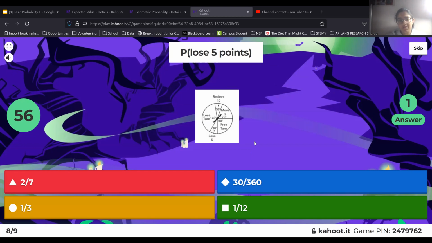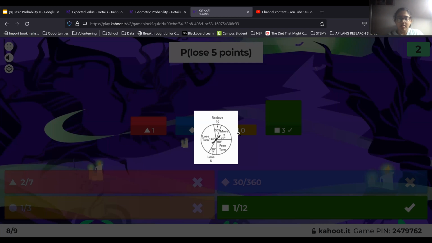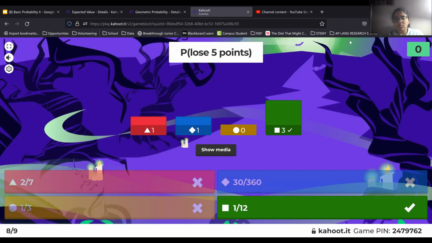That's a 30-degree sector here. So yeah, it's 1/12, because 30 over 360 is 1/12.